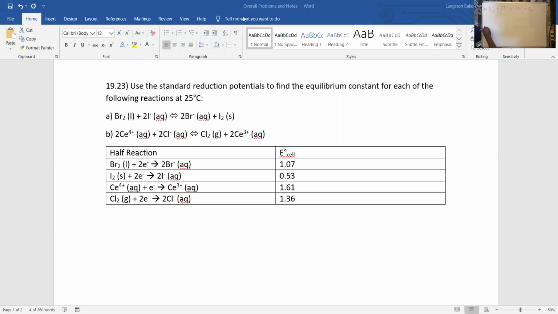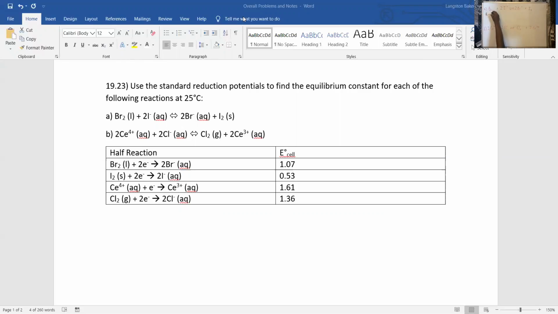And then for part B, we have 2Ce4 plus plus 2Cl minus in equilibrium with Cl2 plus 2Ce3 plus. Got that.